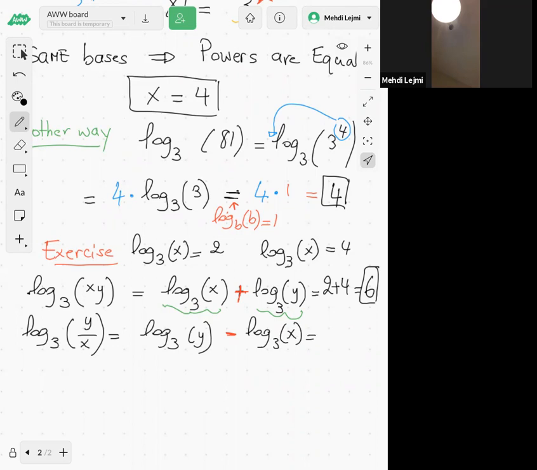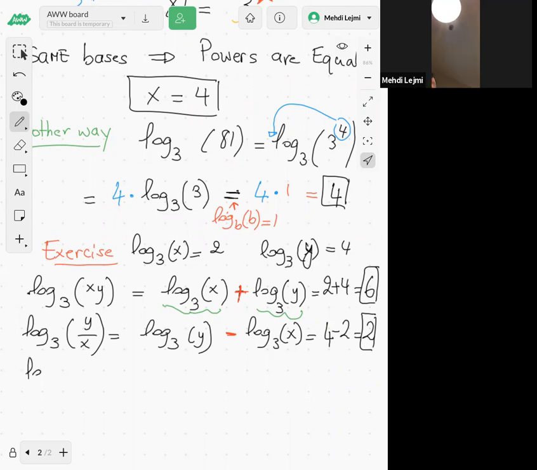Log of y in base 3 is 4, so that'll be 4 minus 2, equal to positive 2. That'll be the answer. Of course, it's 4 minus 2 because log of y is 4, and log of x is 2.